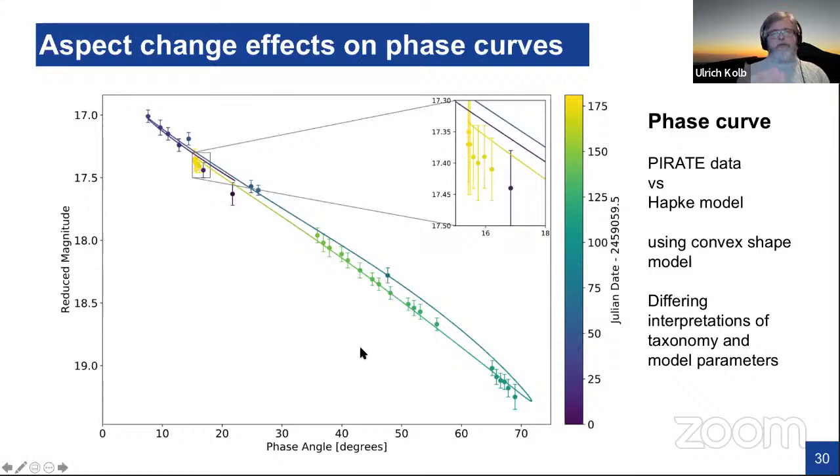That shouldn't be done because it will then give a different model fit to the phase curve and a different interpretation for, say, the surface properties of this asteroid. And what's more, by doing it in this time-resolved way, you learn more details about the shape, orientation, and surface properties of asteroids at large. And that's the lesson I want you to take from this study.